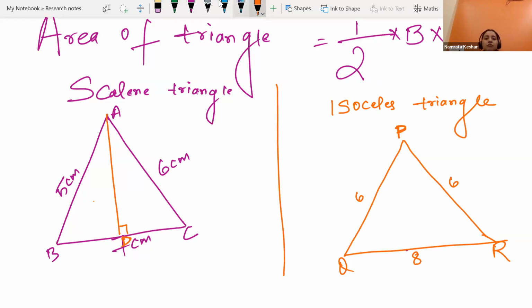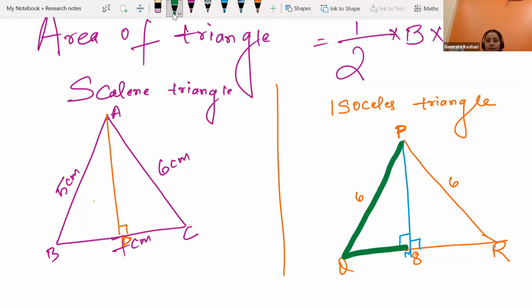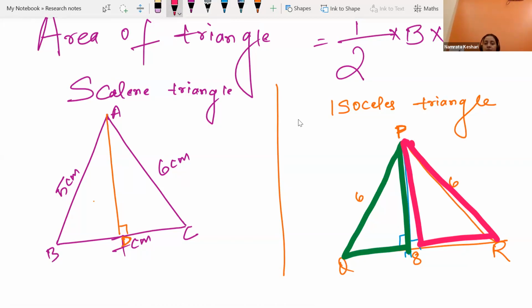Let's check it. If we drop a perpendicular from the vertex P, 90 degrees like this, and I call it PM, are you getting it that this triangle and this triangle are congruent?